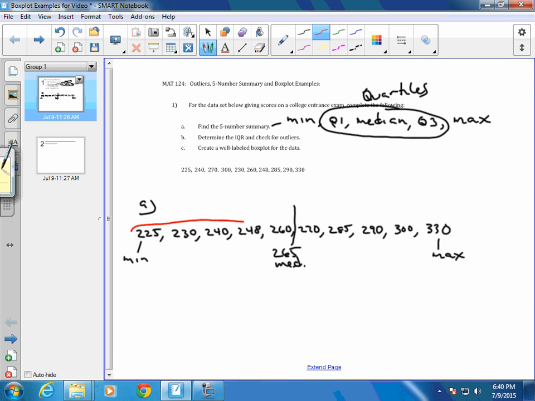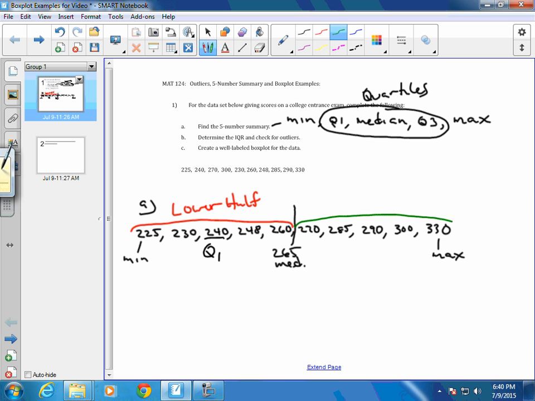That means all of these values down here, below the median, that's called our lower half. The first quartile is going to be the median of the lower half. So median of the lower half, 240, that's my Q1.